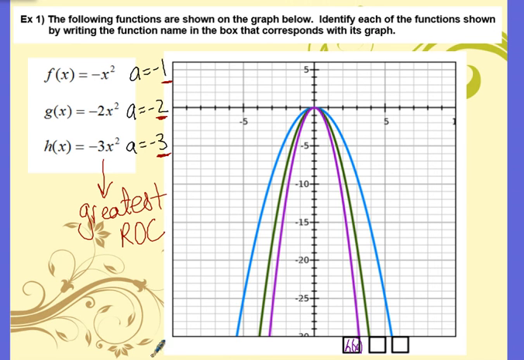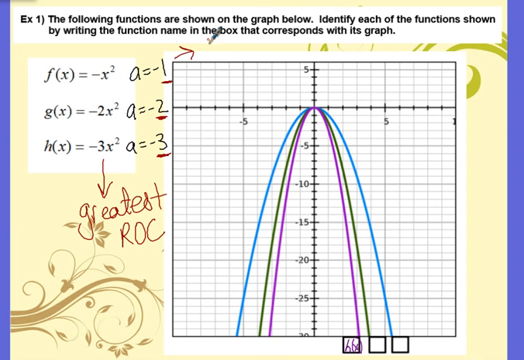Now, which one do you think will be the most wide? The widest one. Remember from our notes, that is the one with the smallest A value. We're ignoring the negative, we're just looking at the 1, the 2, and the 3. And in this case, it is f of x.